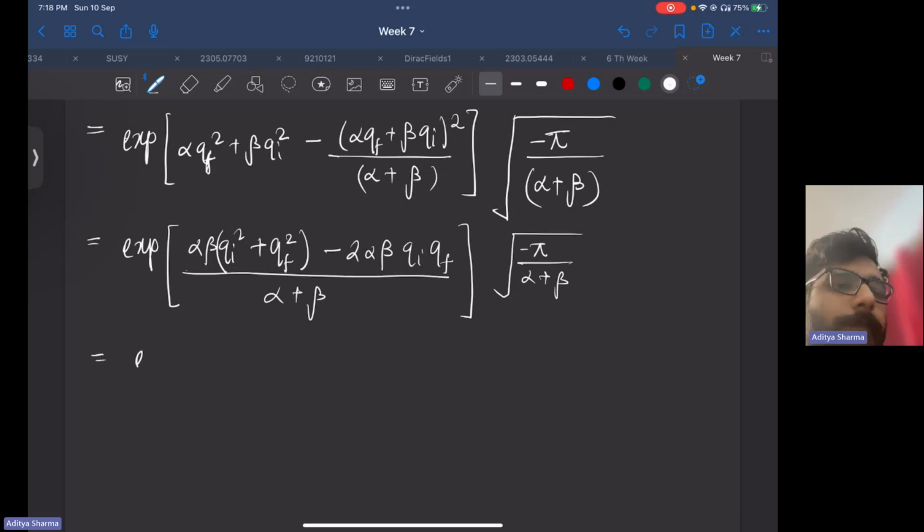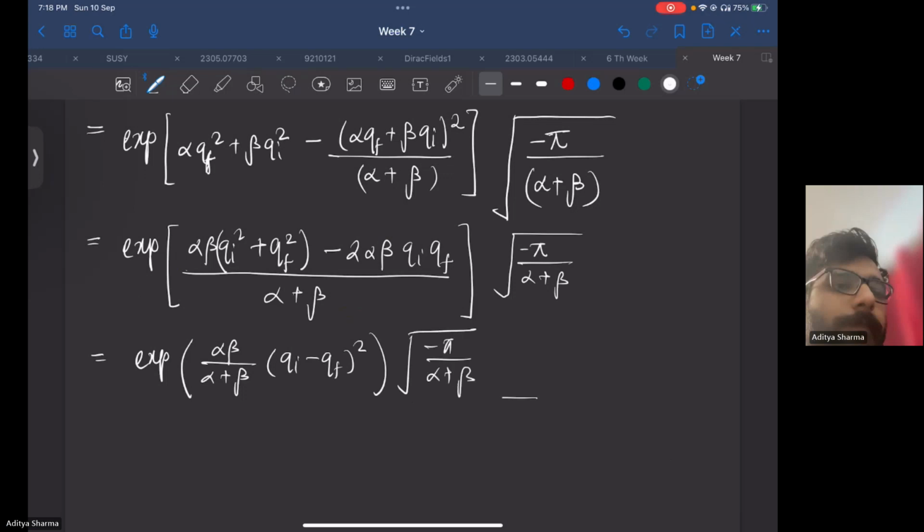And so this becomes the exponential of alpha beta over alpha plus beta, times (qi minus qf) whole square. This is the result.